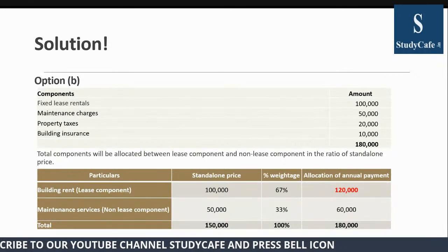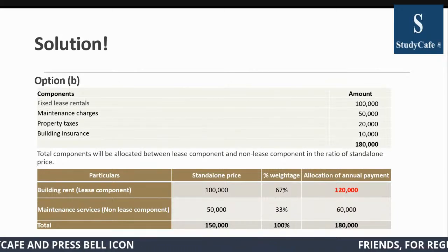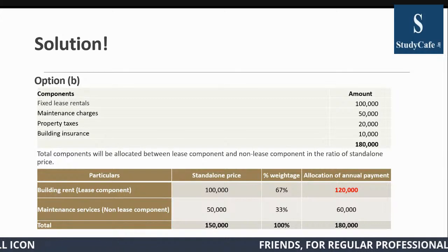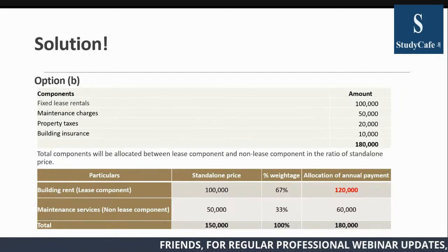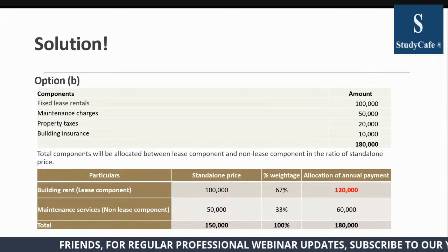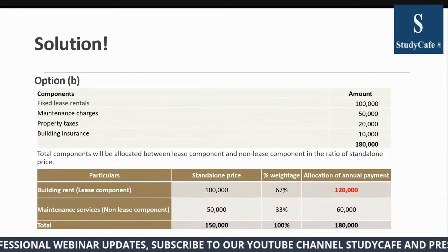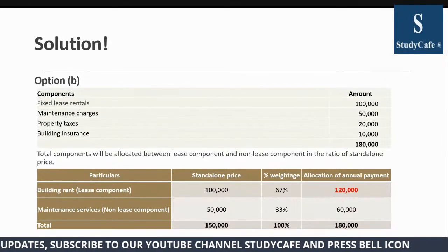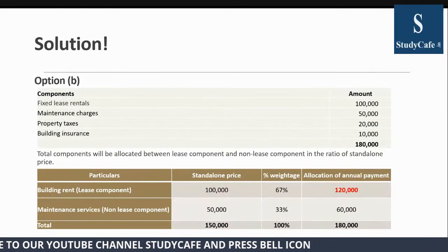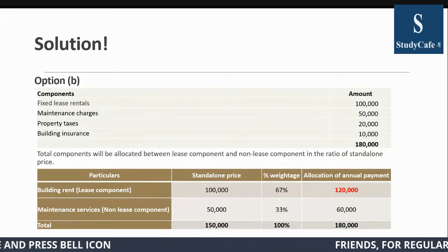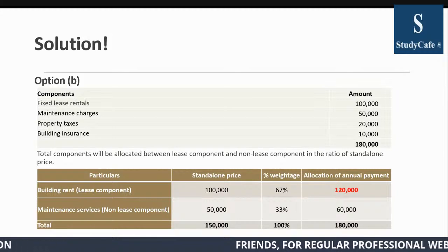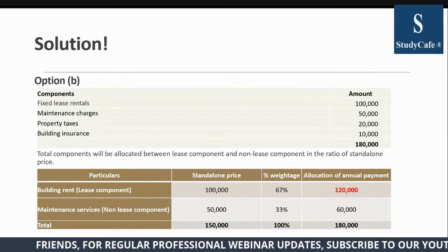But the only lease component in this case is the building rent, the rentals. And the maintenance services are a non-lease component. So these two components will be bifurcated, and the entire consideration of 1 lakh 80,000 will be allocated between these two components on standalone selling prices. A ratio will be calculated for the lease component and the non-lease component.